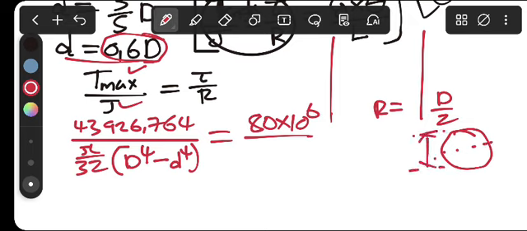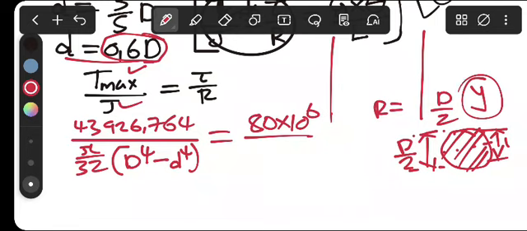From there it will be diameter divided by 2. When you're focusing on the cross section, you take the diameter divided by 2, like it's a y, a vertical distance of the shaft, from the bottom to the top.